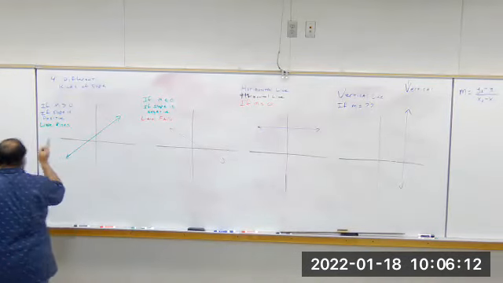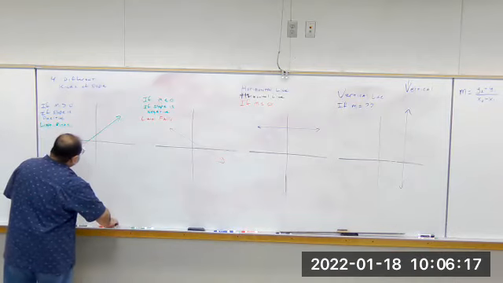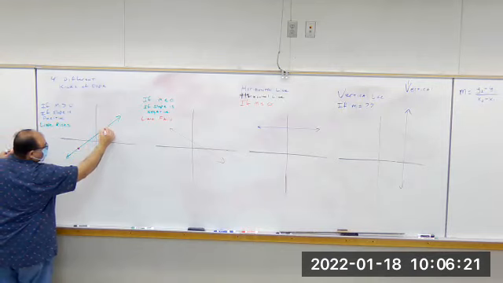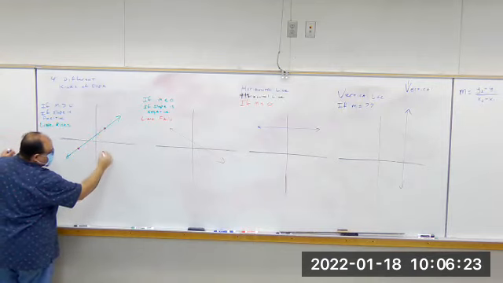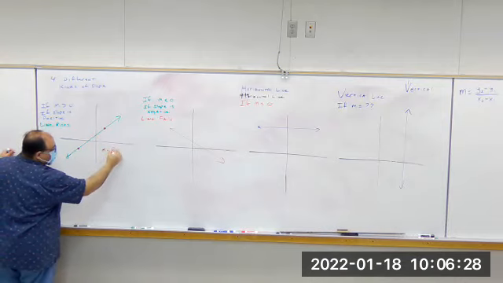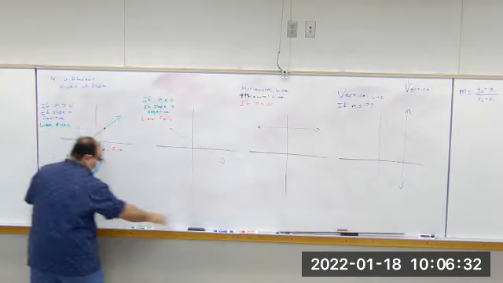The reason why this slope is positive, if I pick any two points on this line, any, and I just do a simple, I'm not going to label the ordered pair.